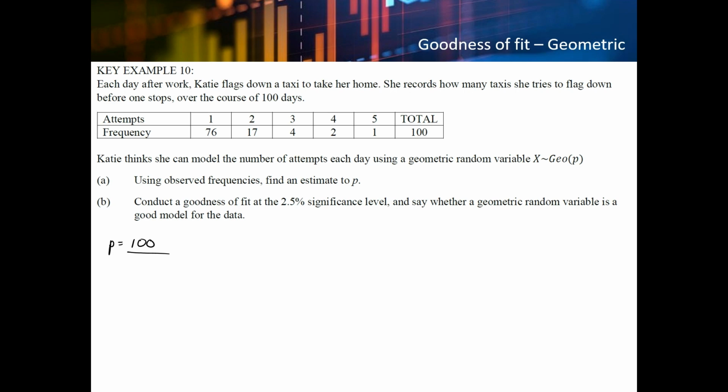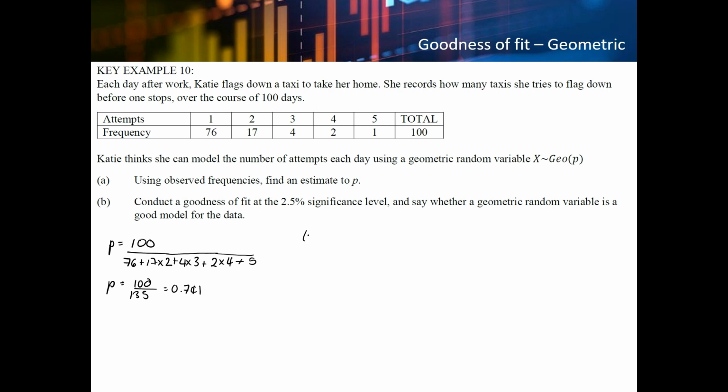Well, there were 76 occasions where it only took her one attempt. 17 occasions where it took her two attempts, so there's two taxis in those days. 4 occasions where it took her 3 attempts. 2 occasions where it took her 4 attempts, and 1 occasion where it took her 5. So our probability then is 100 divided by the total number of attempts, which is 135, or 0.741.